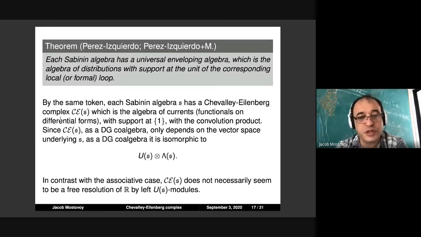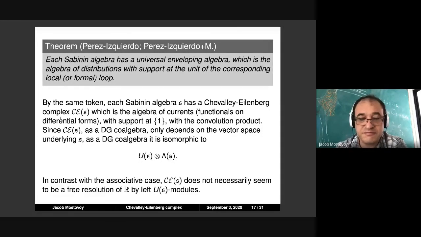It's only the product that varies with the product of your loop. So we can write the Chevalley-Eilenberg complex in the same way as for Lie algebras, but it does not seem to be a free resolution by left modules over the universal enveloping algebra of the Sabinin algebra.